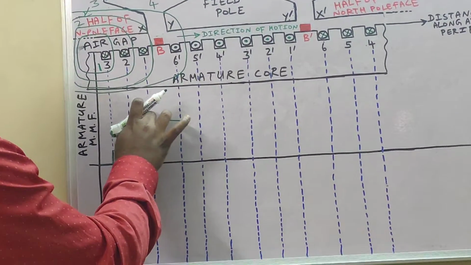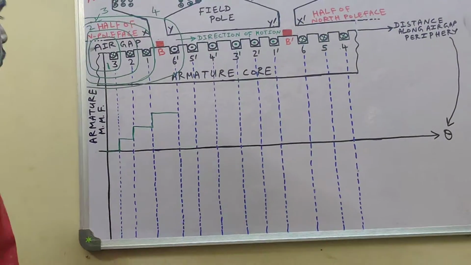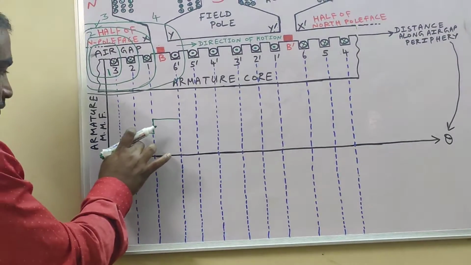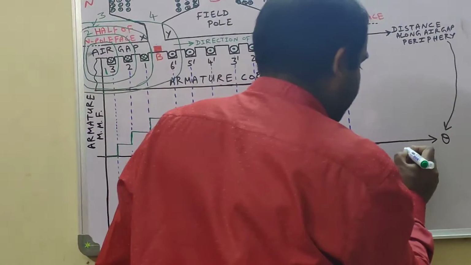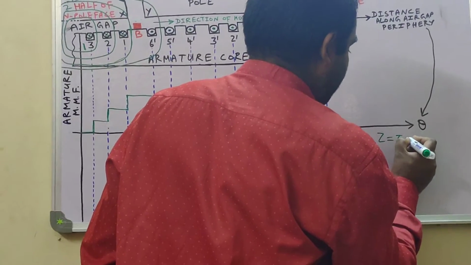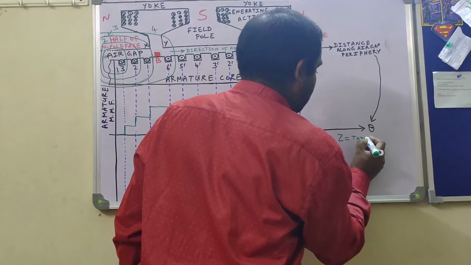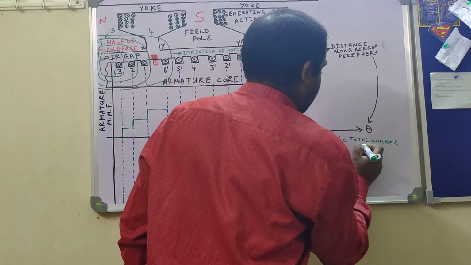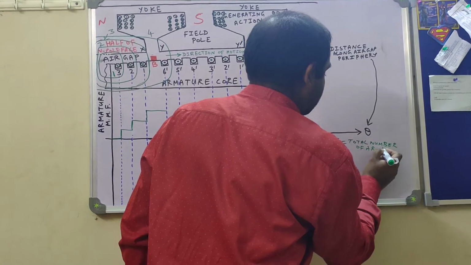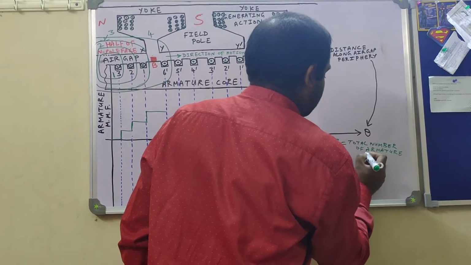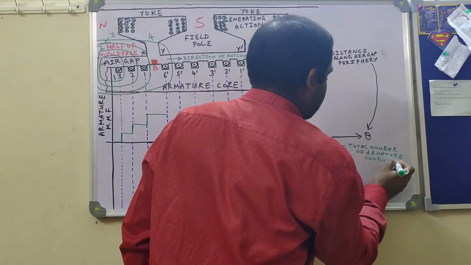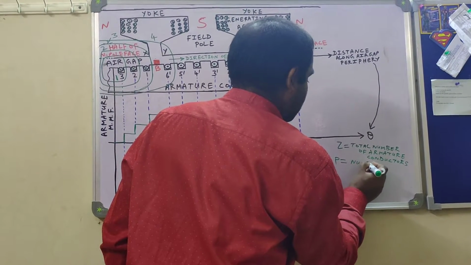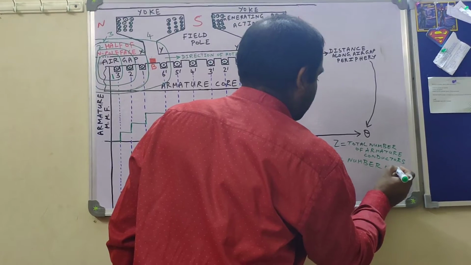Now, the thing is how to find out the value of this. Let's do a very simple math. Let's say Z is the total number of armature conductors, and P is the number of poles.